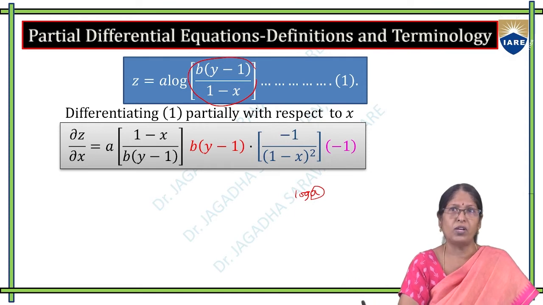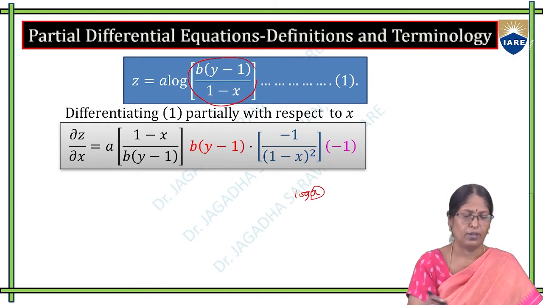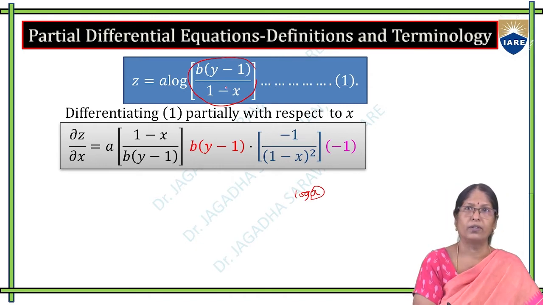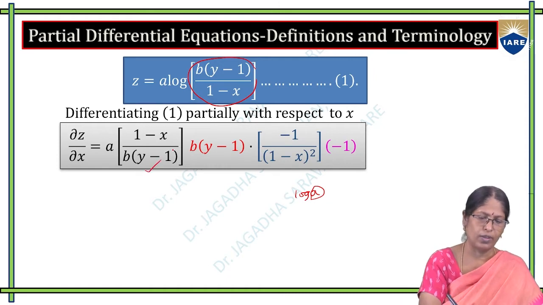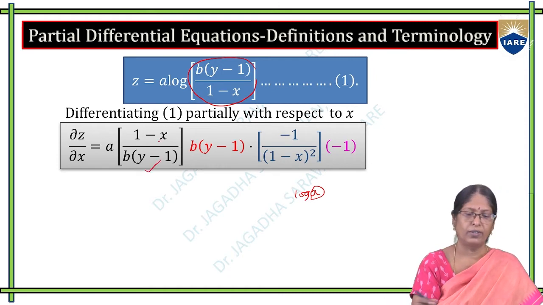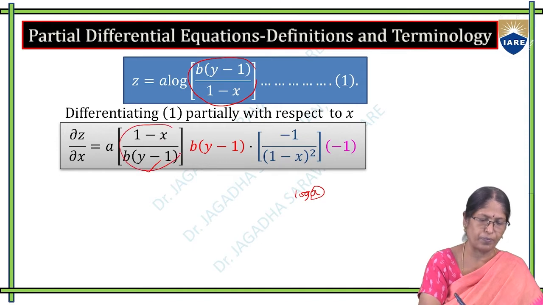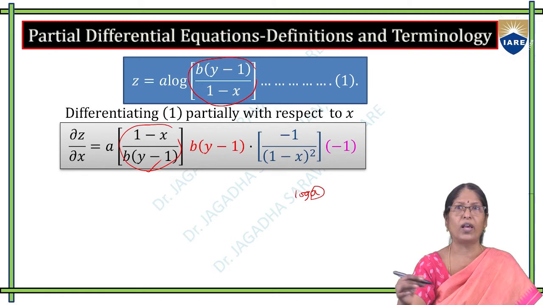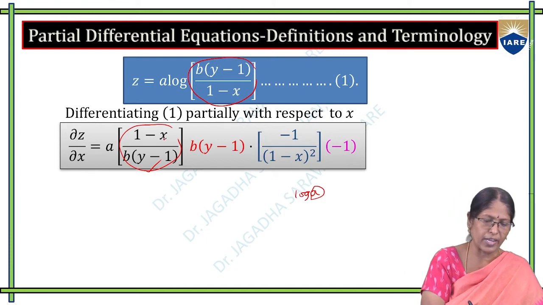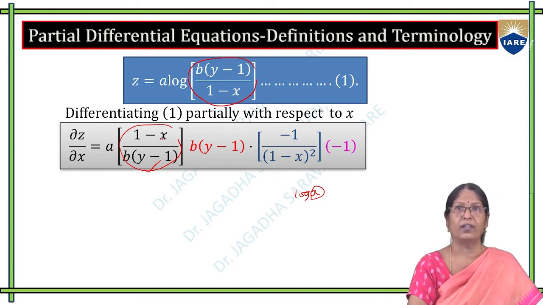So the term, 1 divided by, to be written. It is actually in fraction, so reciprocal, which has come here, that we notice at this place. Now inside that term, is there any x variable? Yes, here is the x variable.